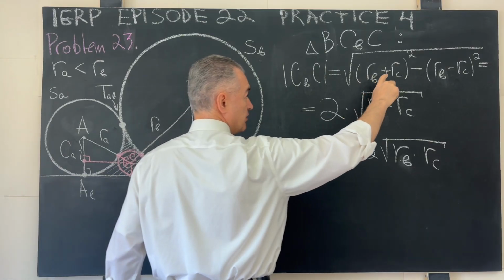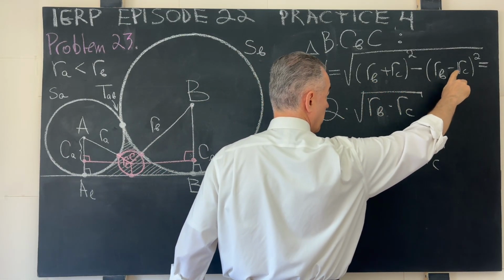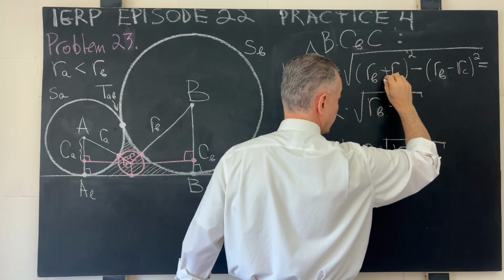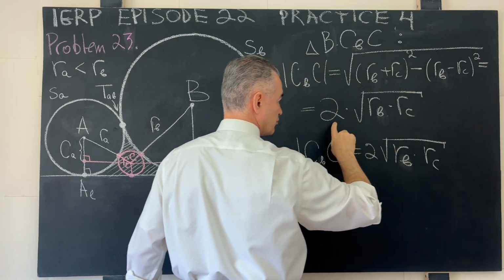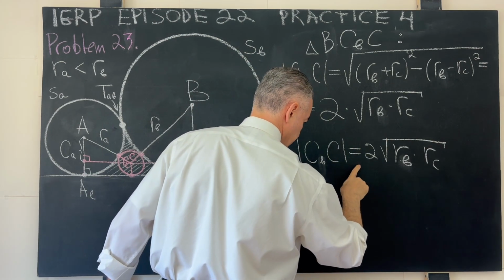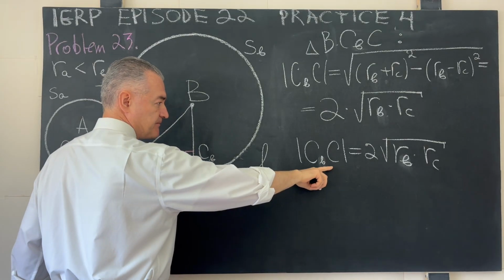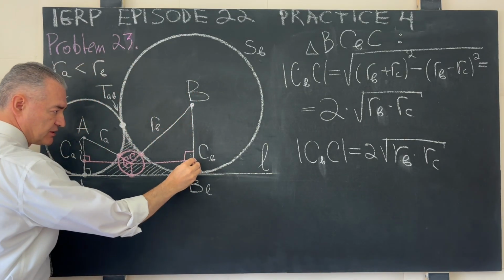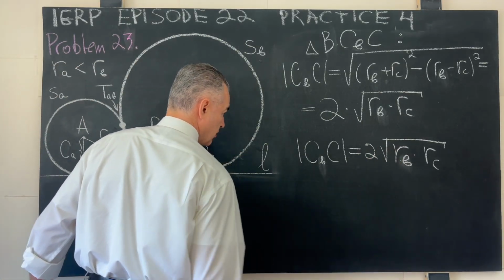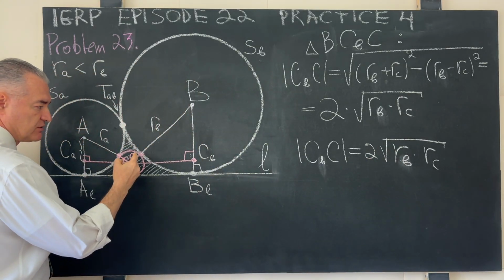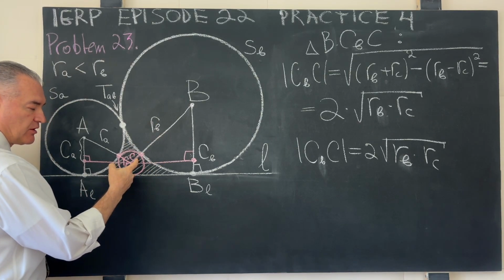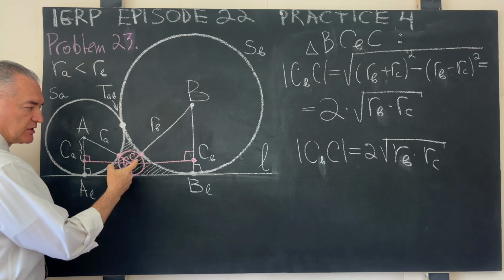So RB plus RC squared minus RB minus RC squared, exactly the same arithmetic. The squares are gone and the products are doubled. Square root of 4 is 2, and then we have our relation similar to the previous one. The length of the side CBC, this piece right here, is twice the square root of the product of the length of the radii of the generating circle RB and the inscribed circle SC.